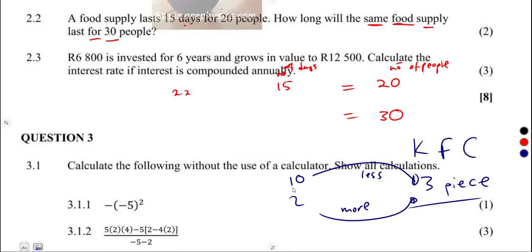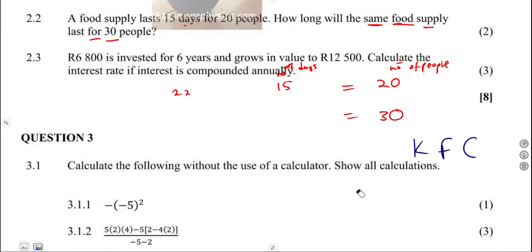So this is an inverse proportionality. Inverse proportion. For an increase in one, the other one reduces. When the other one is reducing, the other one increases. That is the concept of an indirect or inverse proportion.